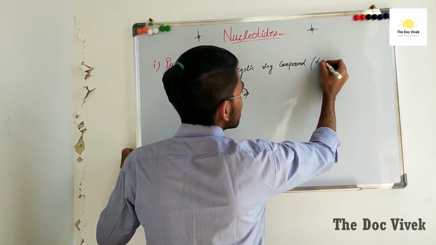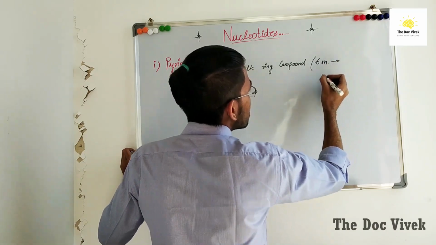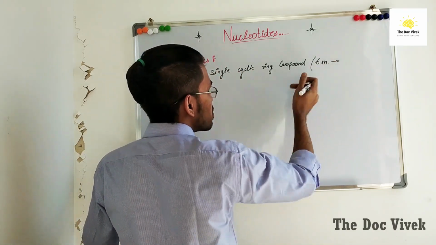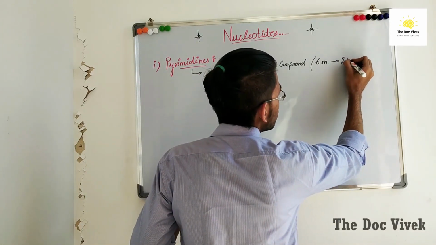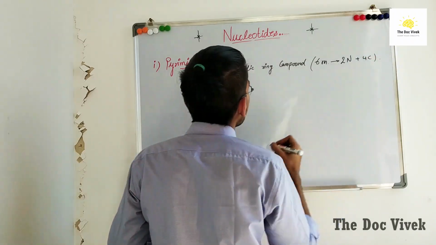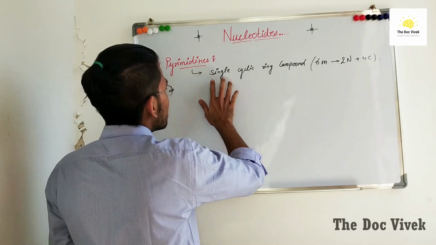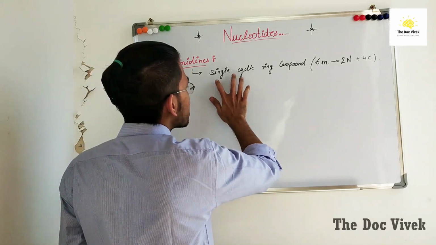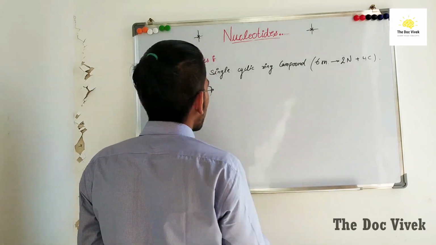We can say it's a six-membered ring, and from these six members it has two nitrogen and four carbon. So pyrimidine is a single cyclic ring compound which comprises six members, two nitrogen and four carbon.